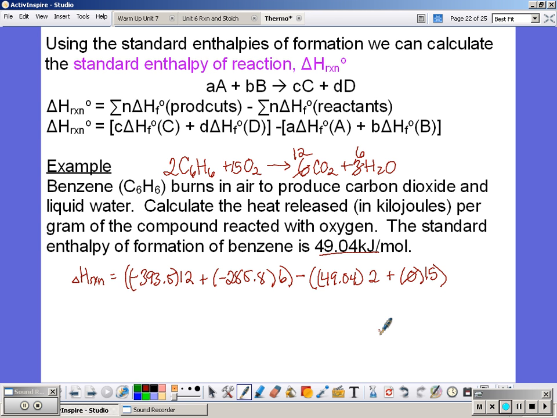So our standard enthalpy of reaction is negative 6534.88, and that is kilojoules per mole.